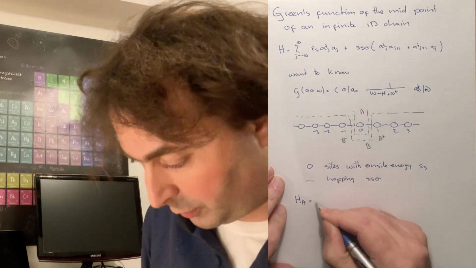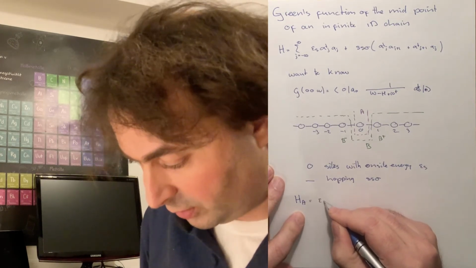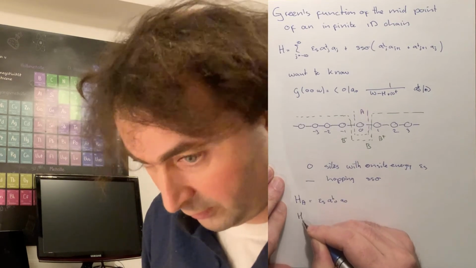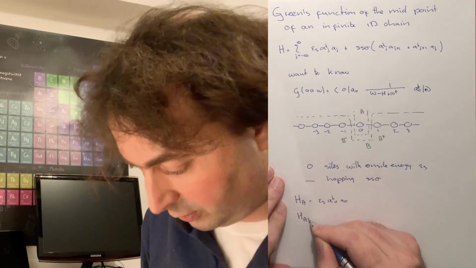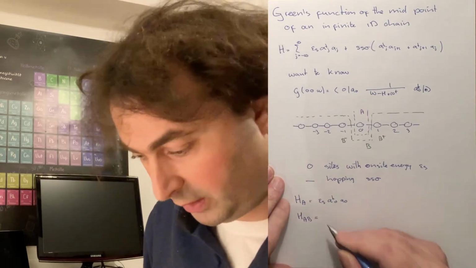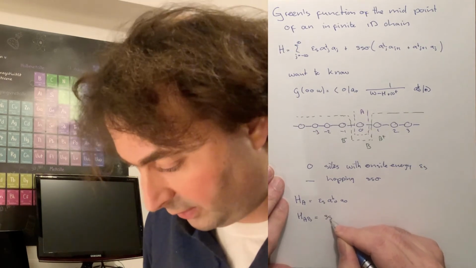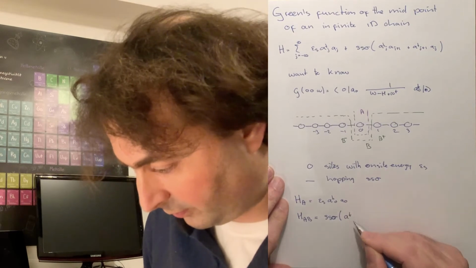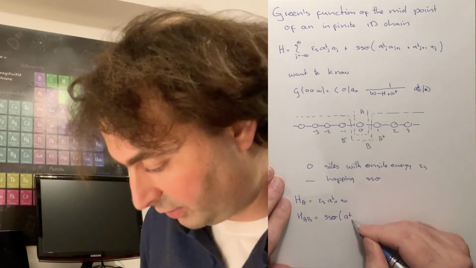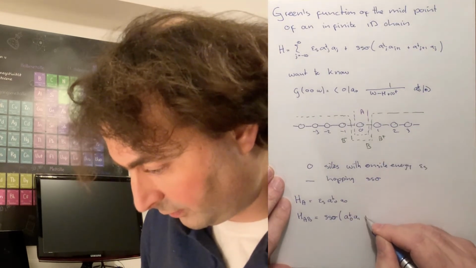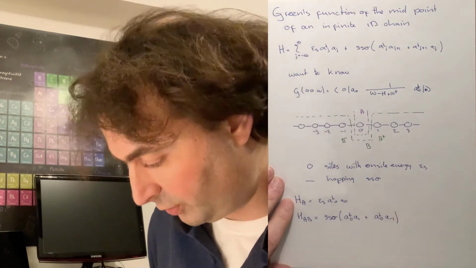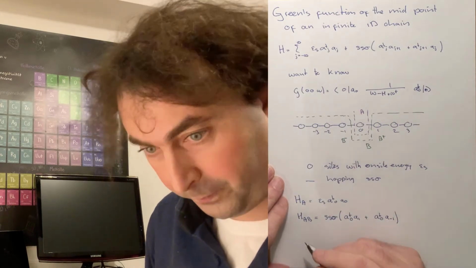The Hamiltonian in subspace A is just epsilon s, A dagger 0, A 0. The Hamiltonian coupling A with B, from B to A, is V ss sigma times, I can hop from 1 to 0, or I can hop from minus 1 to 0 to go from B to A.